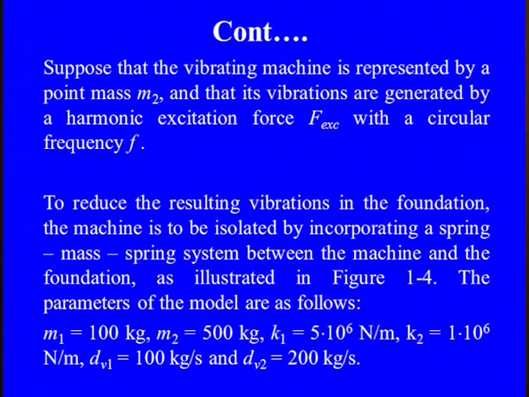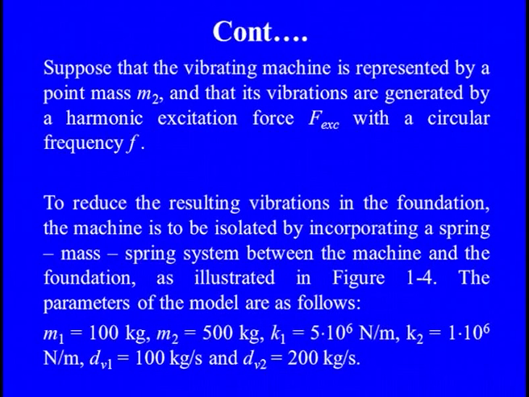Our main theme is to reduce the vibration amplitude transmitted through to the ground, so we can incorporate the spring, mass and viscous arrangement. Now there are certain parameters. The masses M1 and M2 are 100 kilograms and 500 kilograms.